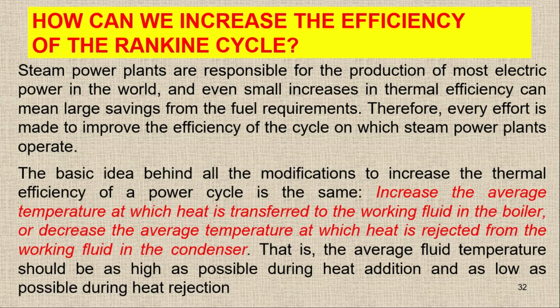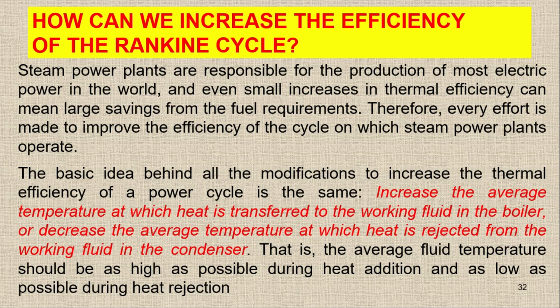So the basic idea behind all the modifications to increase the thermal efficiency of the power cycle is the same. What is the basic idea? The basic idea is to increase the average temperature at which heat is transferred to the working fluid in the boiler, or decrease the average temperature at which heat is rejected from the working fluid in the condenser.